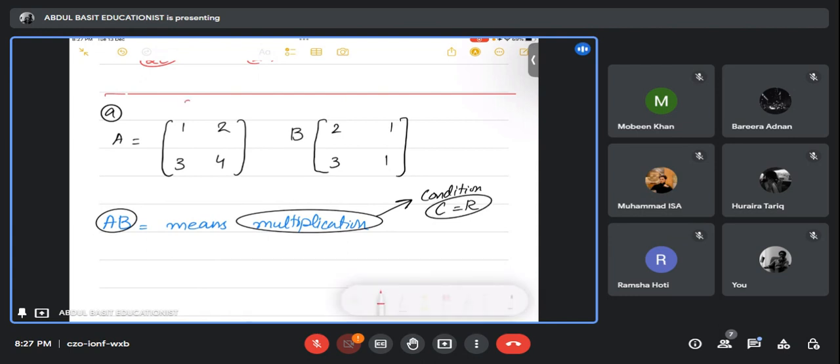There are two columns in this matrix and there are two rows in this matrix. So yes, it's possible to multiply them.